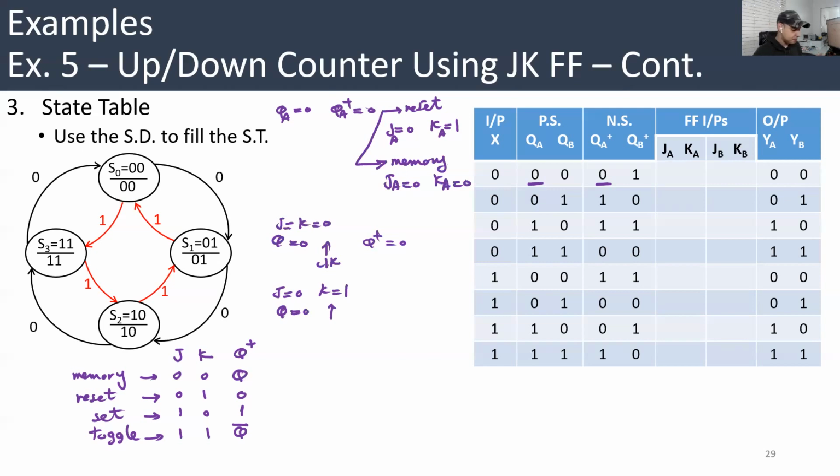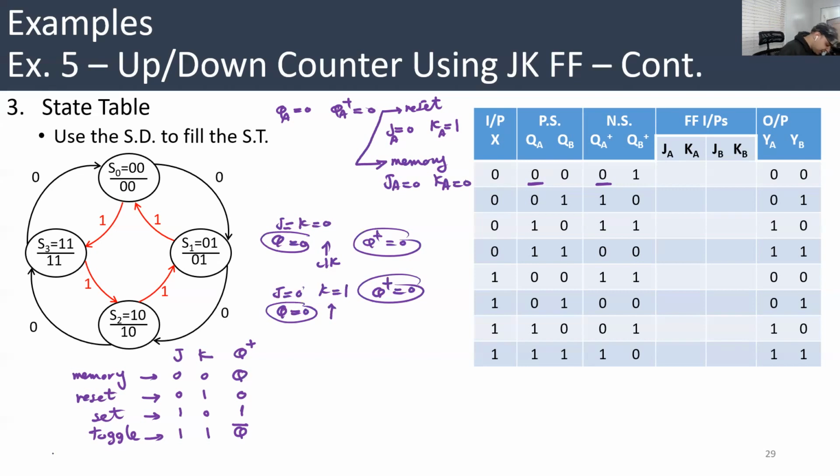What will happen? Here J is 0 and K is 1. This is a reset state. So Q plus will be 0 regardless of the previous Q, regardless of Q of t. So look, Q 0, Q plus 0 can happen with two combinations of JK, either 0, 0 or 0, 1. That's why it's a trick.